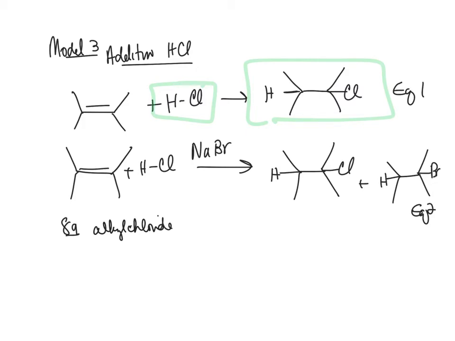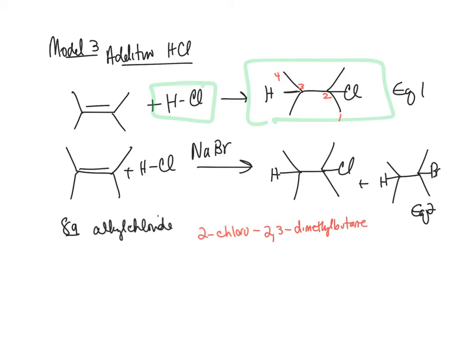We can actually give it its name. So let's number it: 1, 2, 3, 4. So 2-chloro-2,3-dimethylbutane. Okay, what did you get?